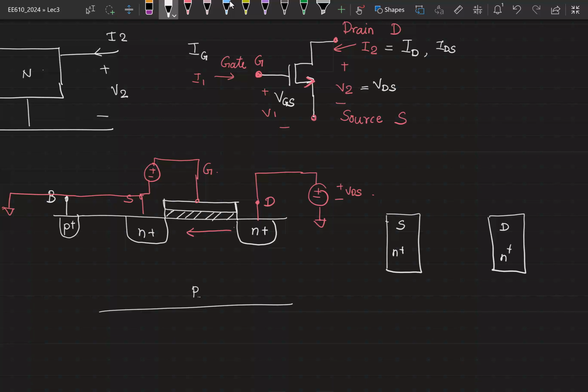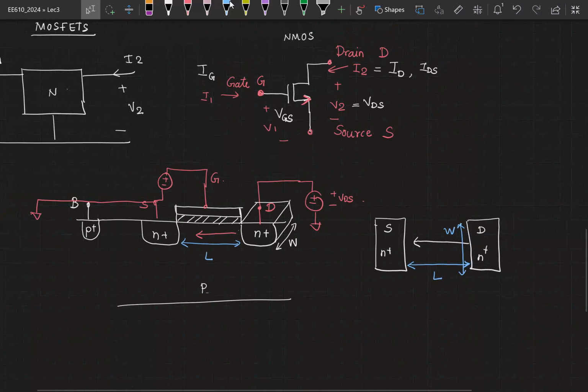The current is flowing from drain to source. This distance is what we call the channel length, represented by the letter L. Now into the plane of the paper, this is your channel width, or W. This much is enough for you to proceed with our calculations.